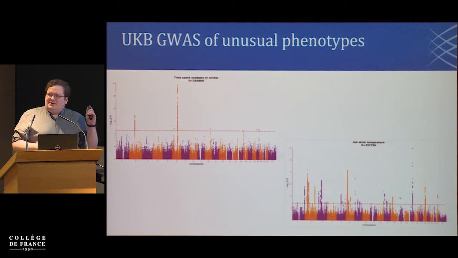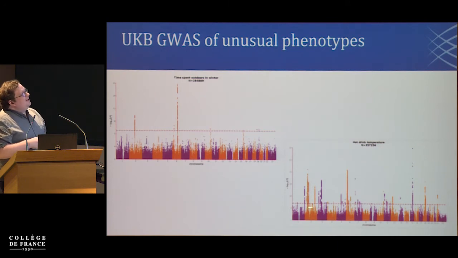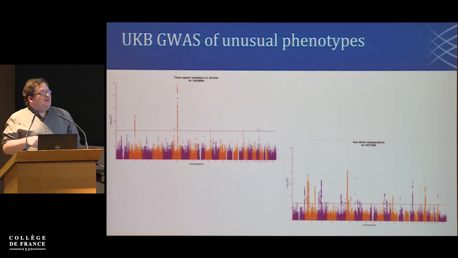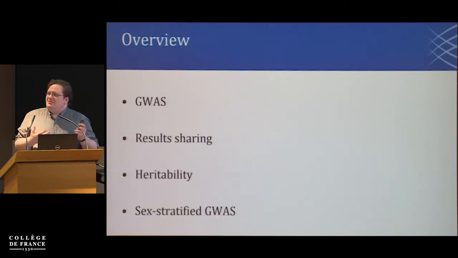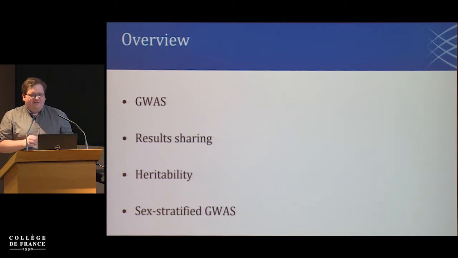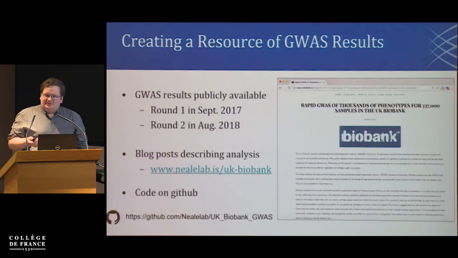But also, because we've been able to crank these out efficiently, we can look at things that maybe wouldn't have been people's top priority. So we can look at the amount of time you say you spend outdoors in the winter, or how hot you like to drink your tea or coffee, and find that even for things like this, we're often finding strong evidence of genetic association. So again, distinctly clearly above our threshold for being interested in those results at many locations across the genome.